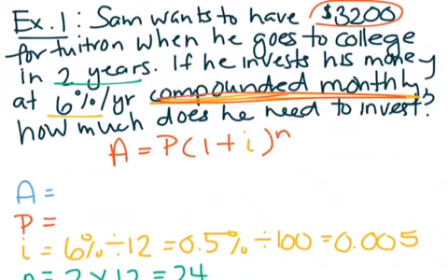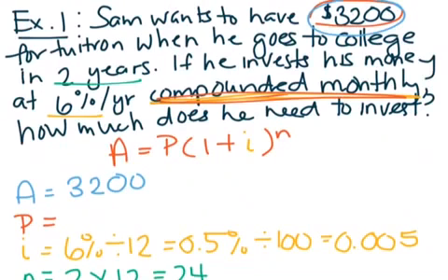Because this is the amount of money that he wants in the future, we know that this is A, the accumulated value that he wants at the end of the 2 years.